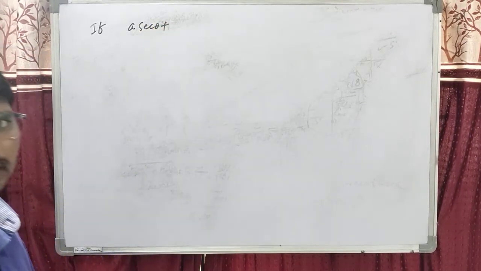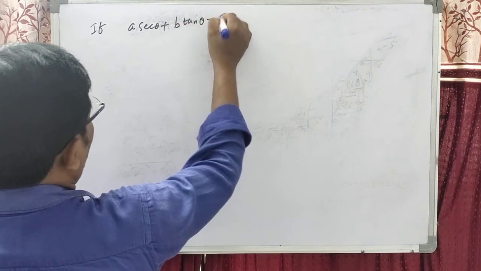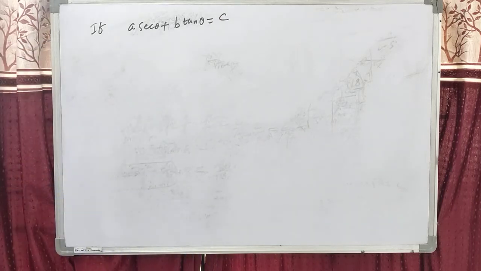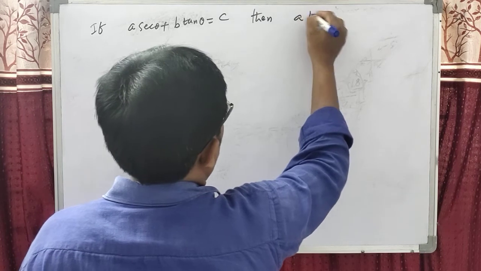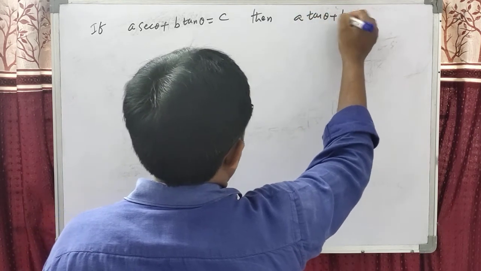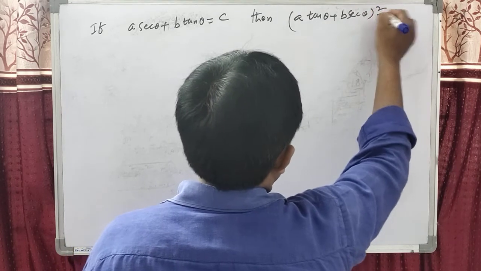Yes students, another question: A secant theta plus B tan theta equals C. Then what is the value of A tan theta plus B secant theta whole square?